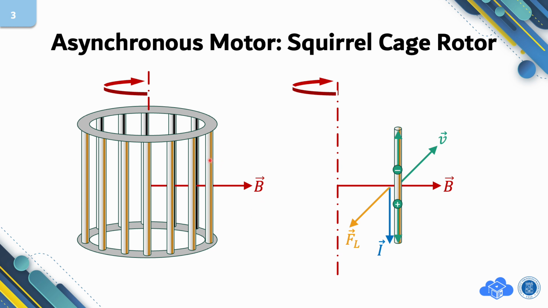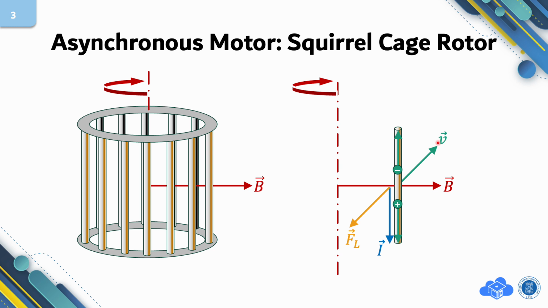Now we are considering this particular rotor bar. We assume that B is static, which means the magnetic field is considered at rest. Now we consider that this rotor bar is moving in this direction relative to the magnetic field.